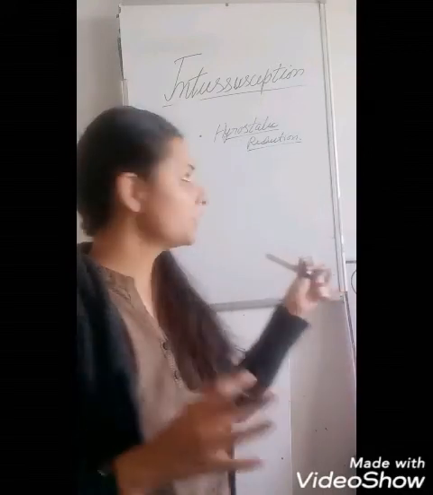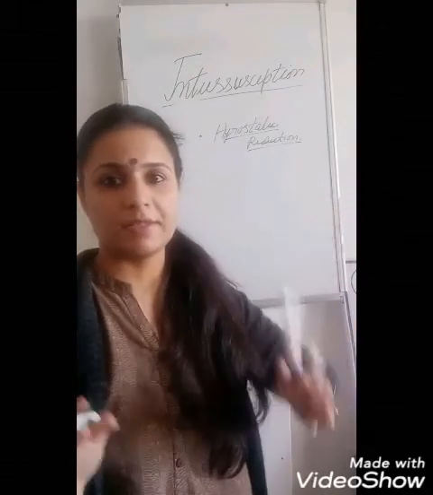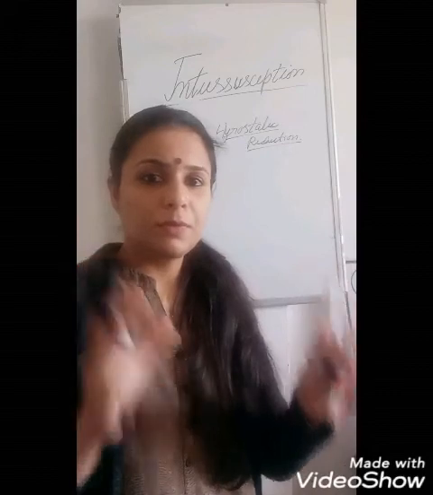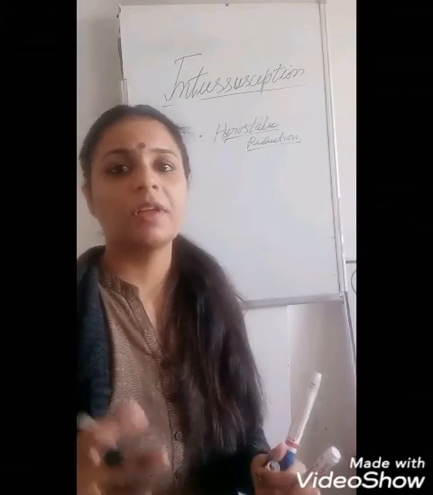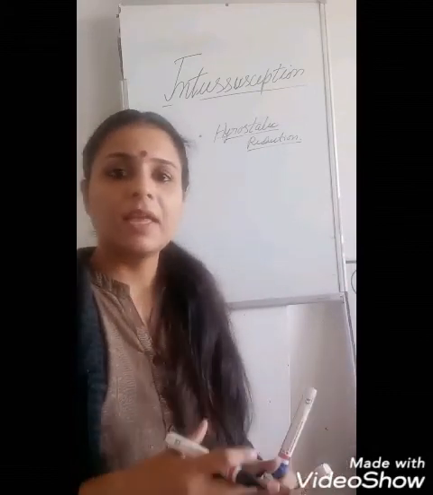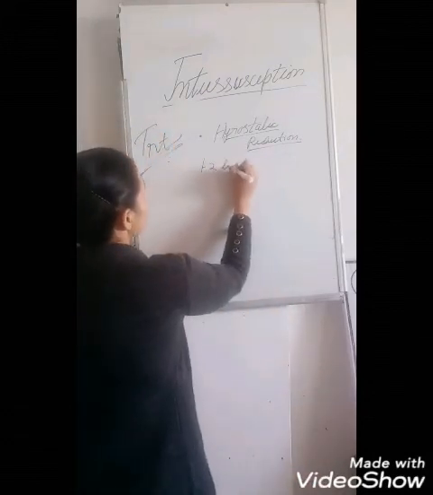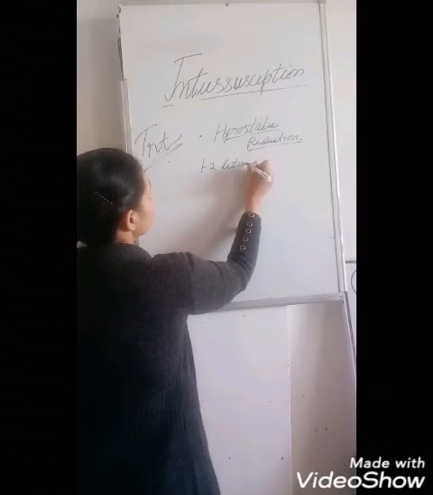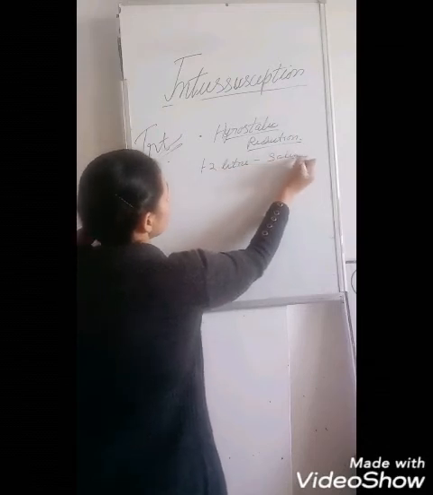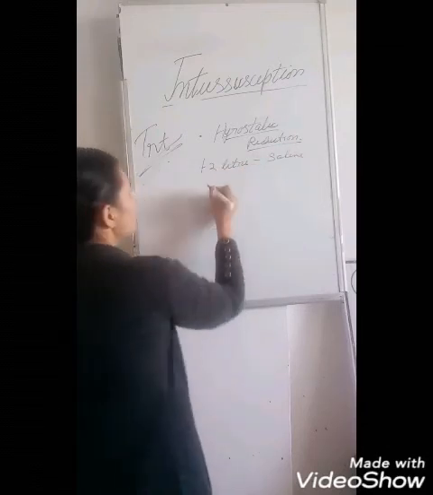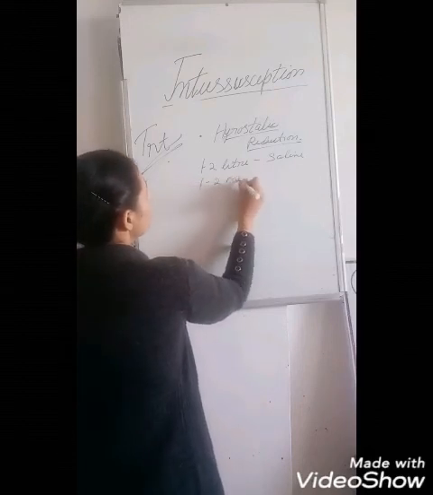Now, what is done in this procedure? In hydrostatic reduction, we will introduce a lubricated catheter into the rectum, and then 1-2 liters of saline is allowed to run from a height of 1-2 meters.